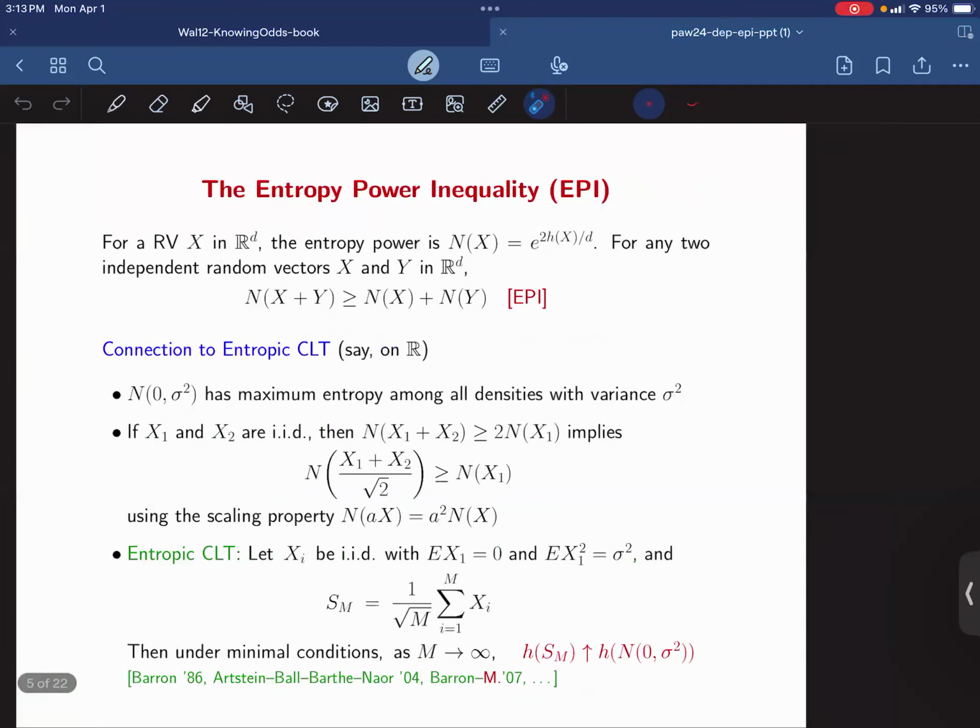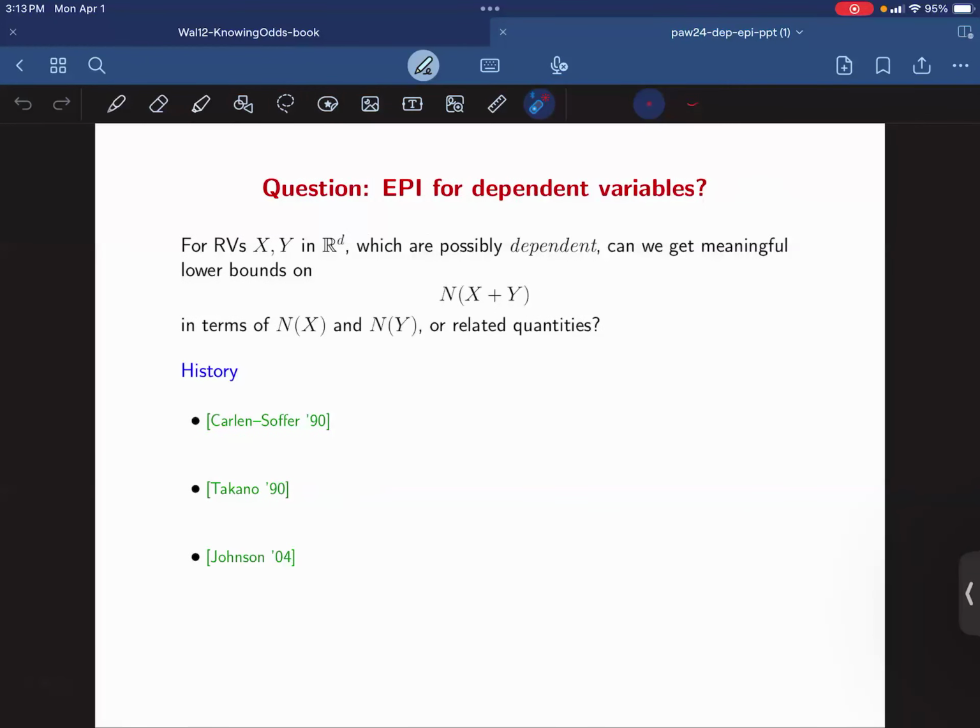But all of that previous work done on refining entropy power inequalities and so on is for independent random variables. So one can ask, for random variables in R^d, which are possibly dependent, can we get meaningful lower bounds on the entropy power of X plus Y in terms of the entropy power of X and the entropy power of Y, or of related quantities, right?